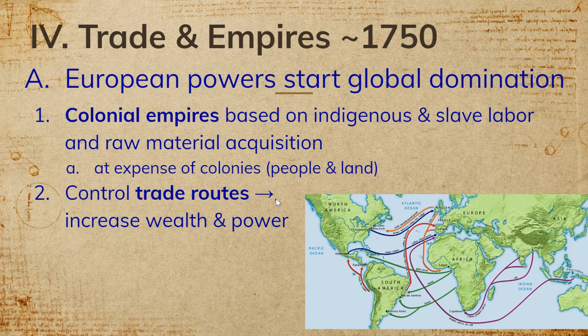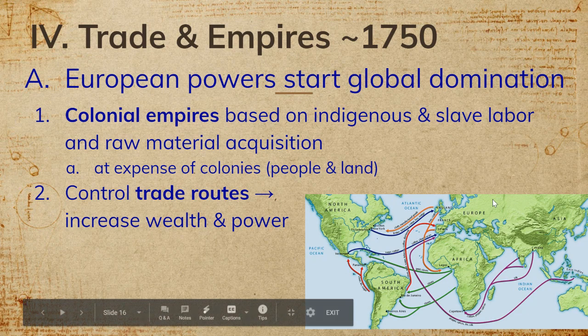All right, so finally to wrap things up. So where we left in 1750, we have a lot of new trade and a lot of new empires being developed. And really, this is the period when Europe starts really to dominate around the world. And that's primarily due to the fact that they're the ones that are doing all the ship sailing, all this trade.